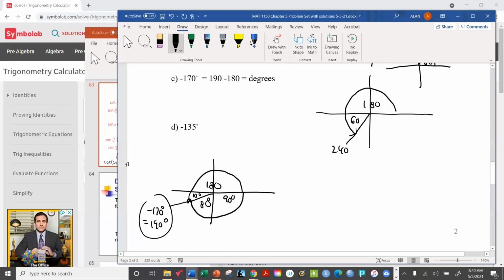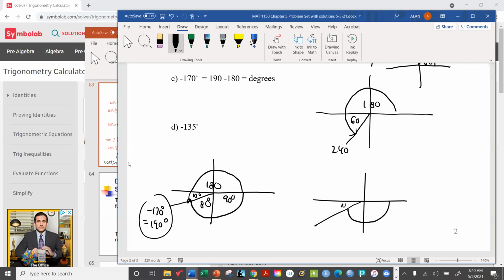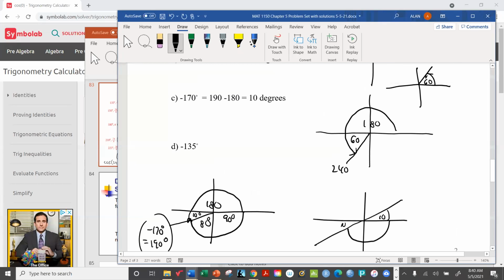Well, let's see if we can draw the picture properly. So remember what negative 170 means. Yeah, that looks good. And whoops, I forgot to type in the actual number. 10 degrees.